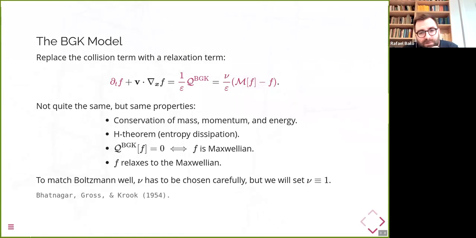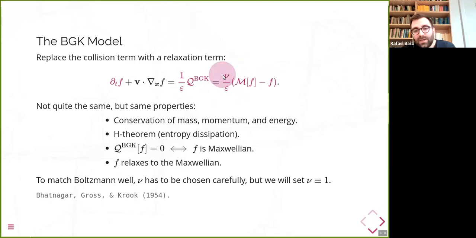And one can talk about how well this matches Boltzmann. In particular, this constant I have picked up in front of the collision operator, this mu, this collision rate. Technically, if you want to get a good agreement on the relaxation rates when you compare with Boltzmann, this thing has to at least depend on the density.